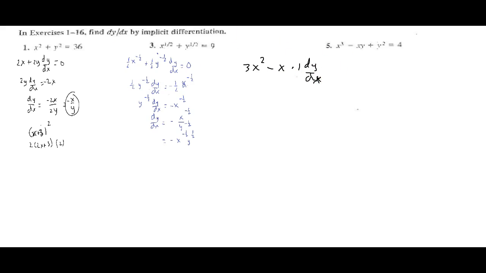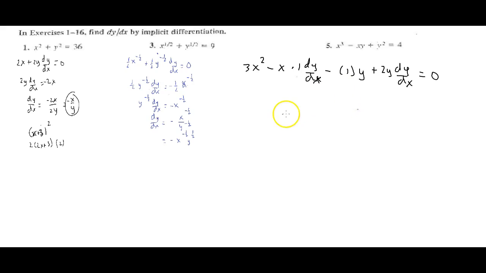So minus the derivative of the first part, which would be 1, have the second part unchanged, which is just y, plus, and I take the derivative of this, again, the y is in the wrong place, so I just go 2y, then I have to tack on the dy dx as the chain, and that's going to equal 0. Okay, so that's the implicit differentiation part.